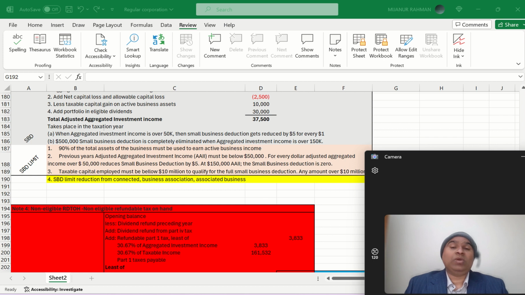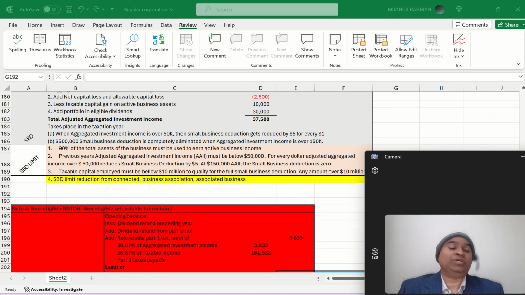And D, whether you have any associated or connected corporation or associated person. It usually triggers from the shareholders. If husband and wife have two different corporations and they each own shares of the other corporation, that would trigger it.